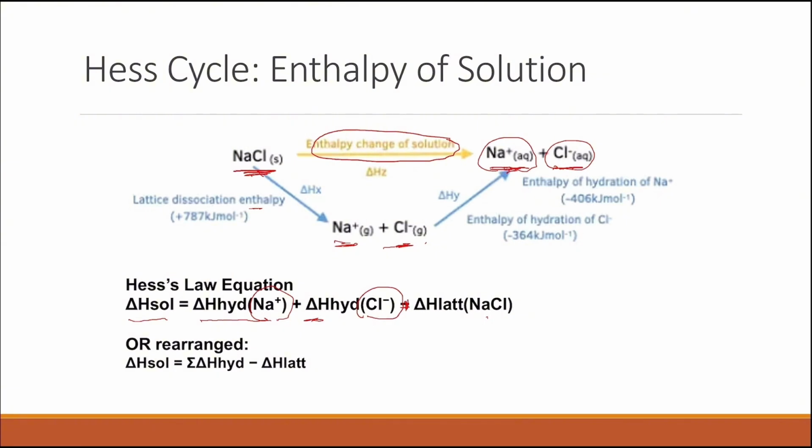Or if they provide you with the enthalpy of formation, it's going to be minus the enthalpy of formation, because the enthalpy of formation will be in this direction in this case, and then it will go in the same route with the enthalpy of solution. So please take note of which one they provide you with in the exam. You will do the rearrangement and then you will calculate the enthalpy of solution.